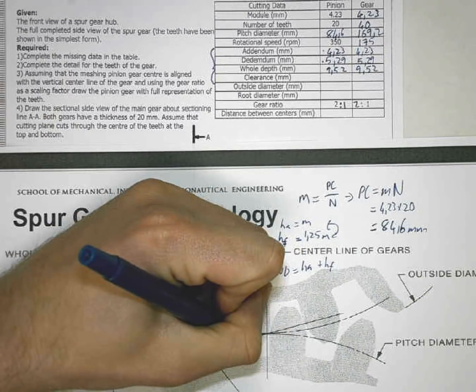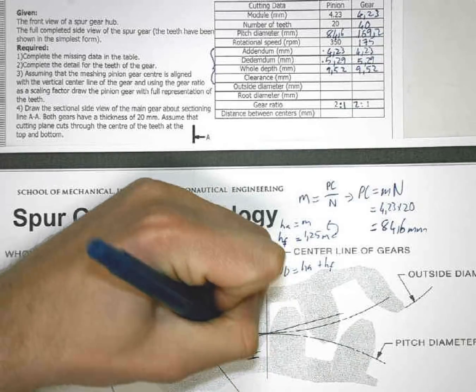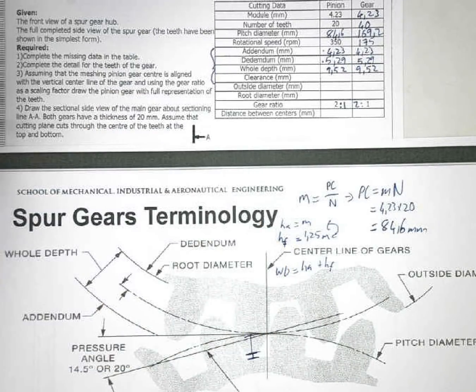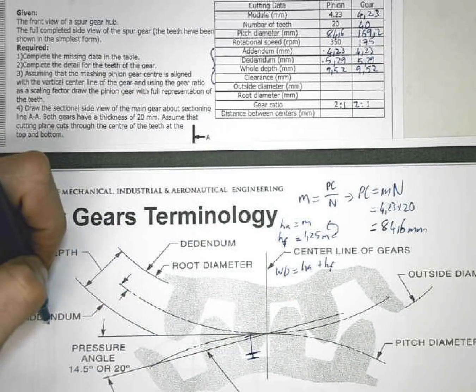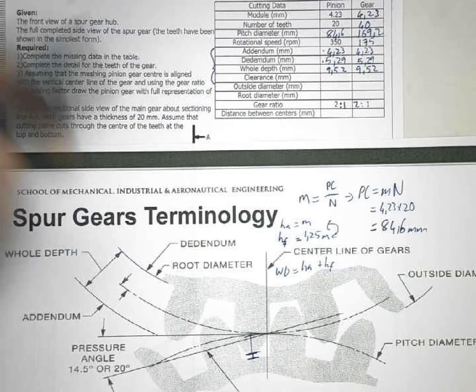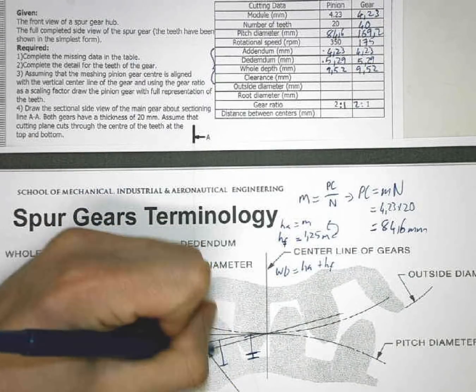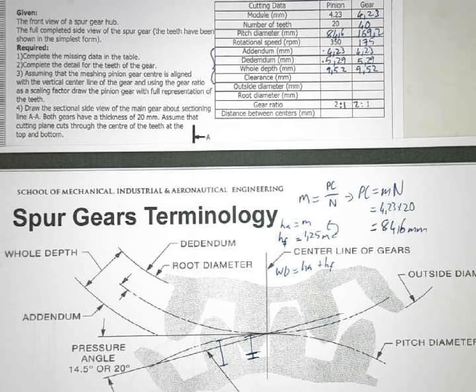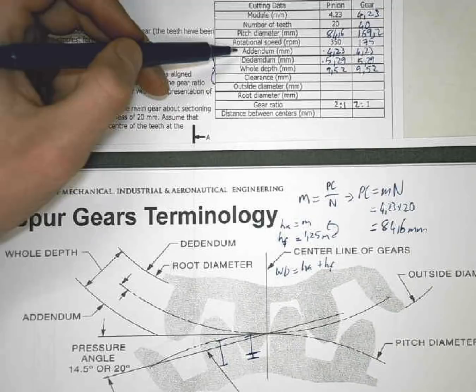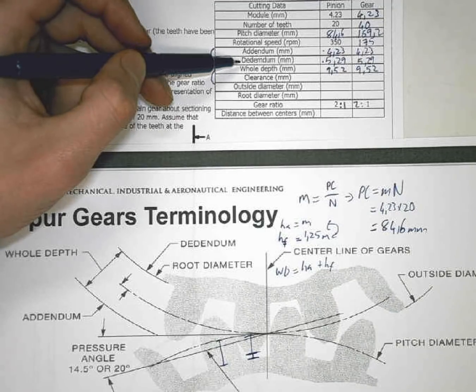That distance will be the difference between this distance, which is your addendum, and this distance, which is your dedendum. So we're simply subtracting our addendum from our dedendum.